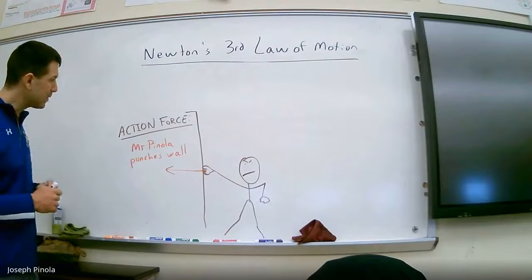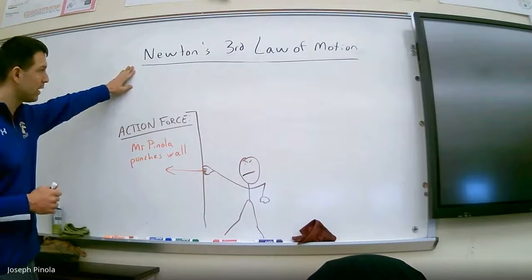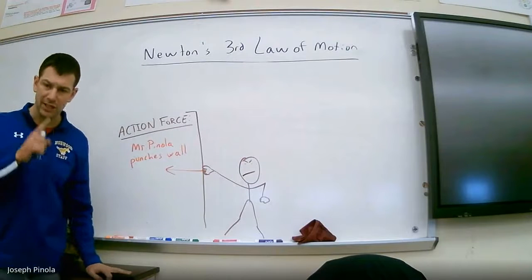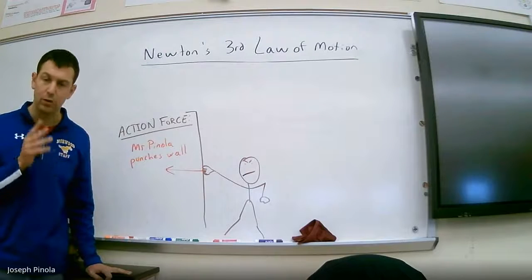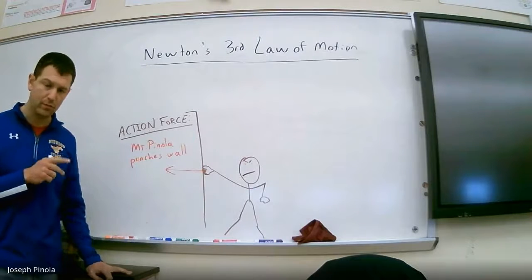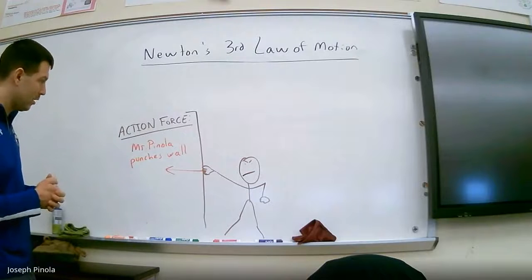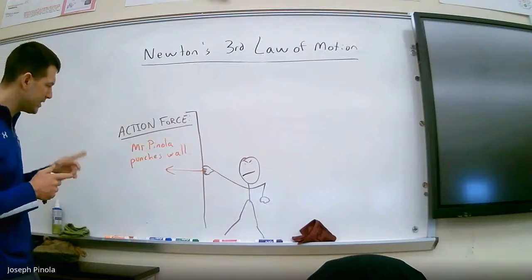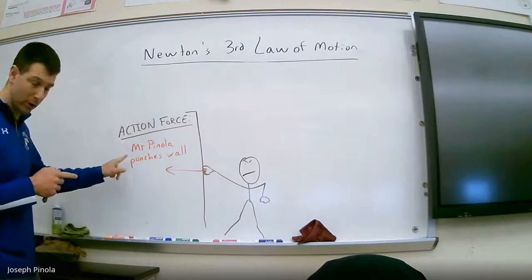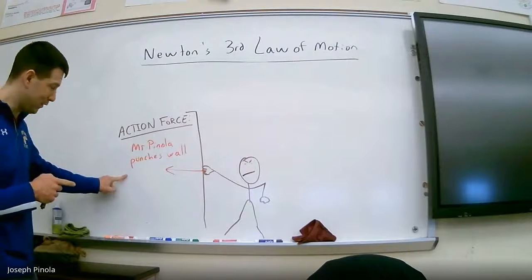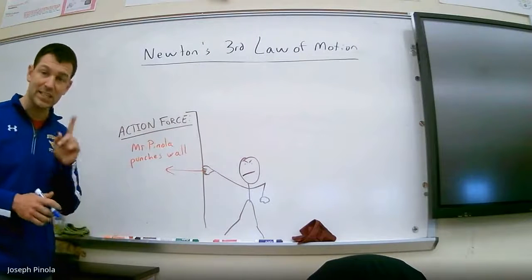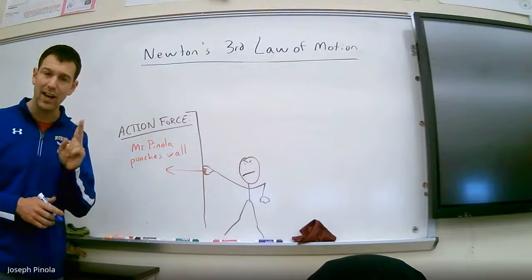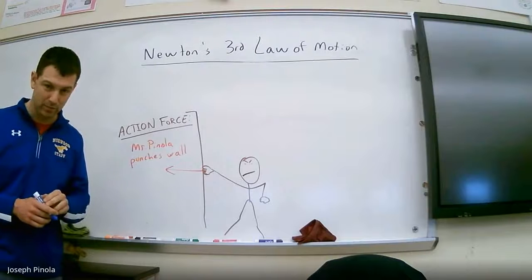Now, let's think back to Newton's third law of motion. Newton's third law of motion said that for every action, there is an equal and opposite reaction. That's the quick way of thinking about it, but we were more specific. We said that for every action force, which I have an example of here, there is a reaction force that is equal in magnitude and opposite in direction.